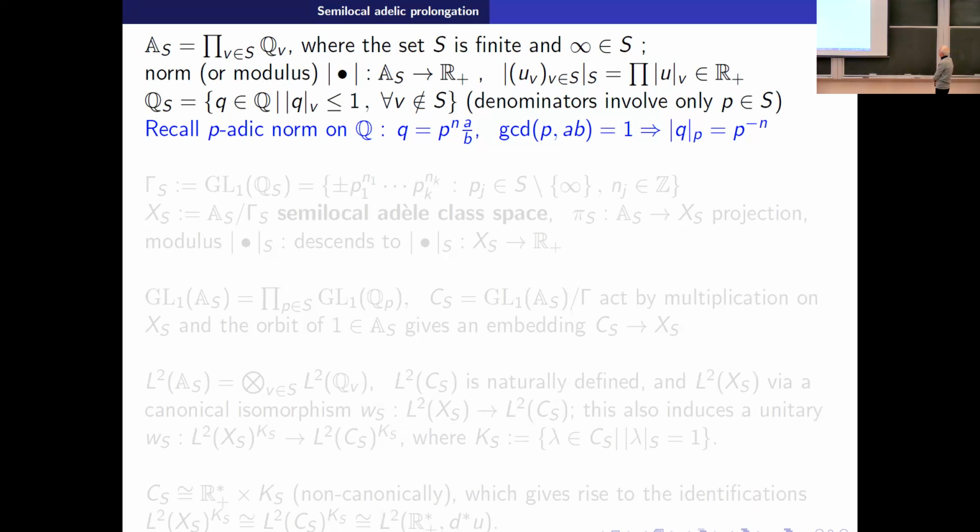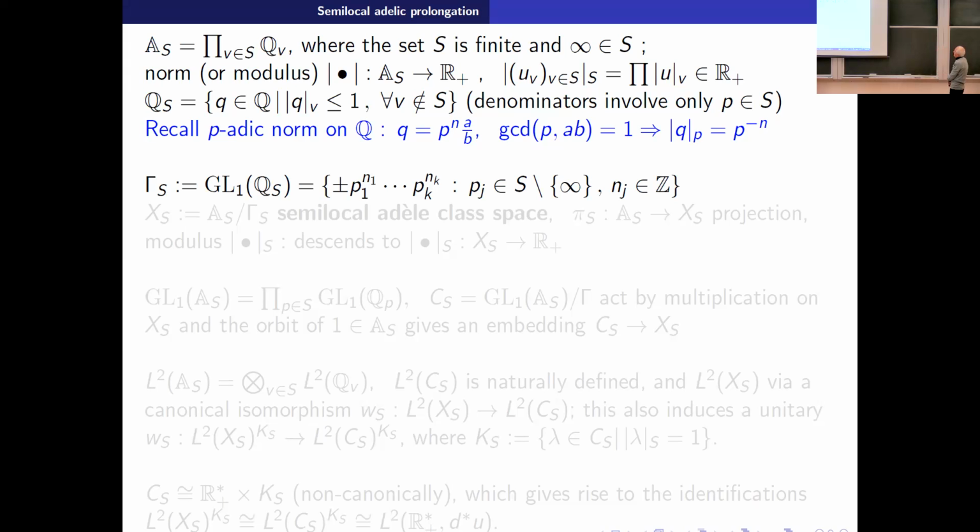The same thing will be at place p. And I recalled here what the p-adic norm is, which immediately gives you this definition and makes it clear.